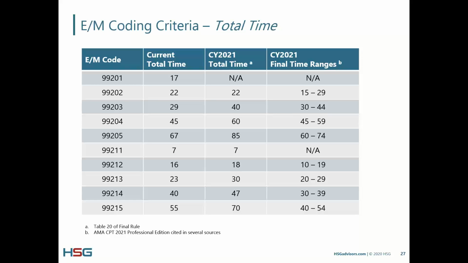I had been anticipating seeing many things based on that third column from the left, time frames, but note that on the far right column, the AMA CPT 2021 Professional Edition, which is cited by several sources, indicate time ranges, minimum to maximum, before going to the next, which are actually more in line with the face-to-face times in that second column from the right, rather than the published, we're going to accept these as total times.